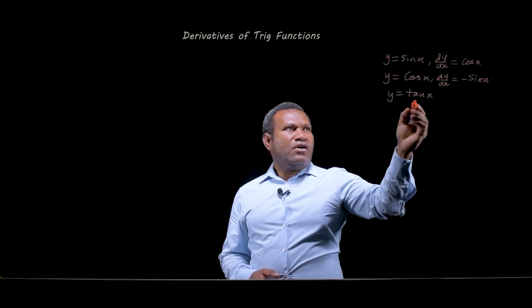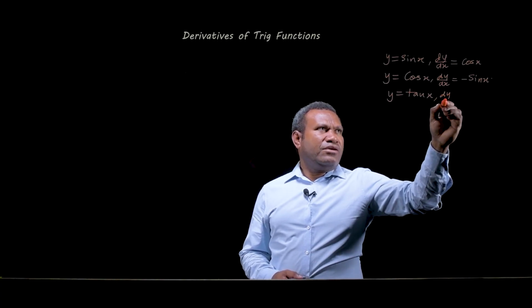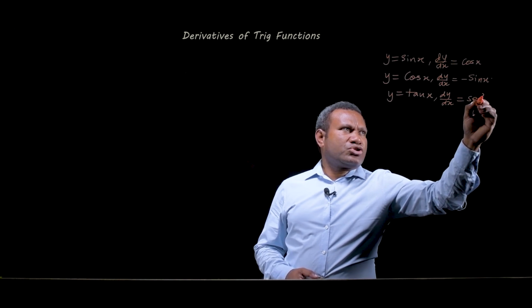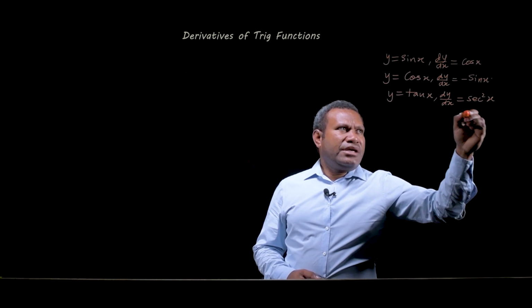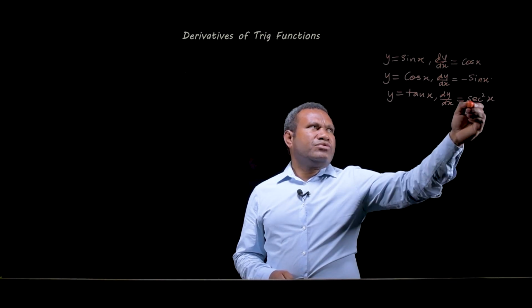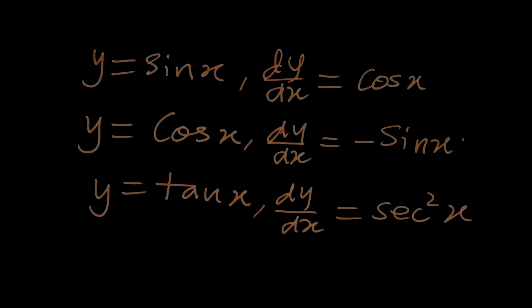The derivative of tan x will be, again, dy over dx equal to sec squared x. Sec, you know, is the inverse of cos. These are the standard results that we are going to use.